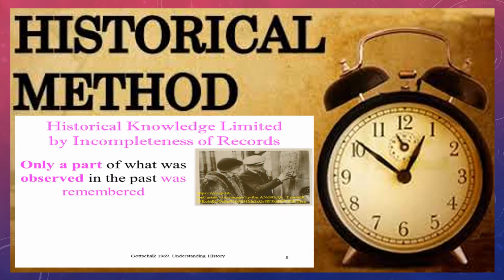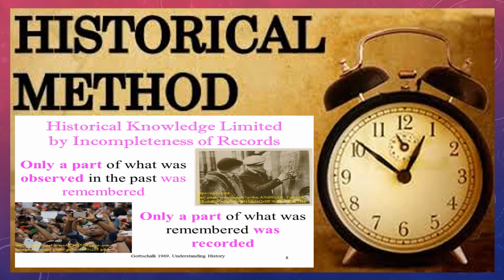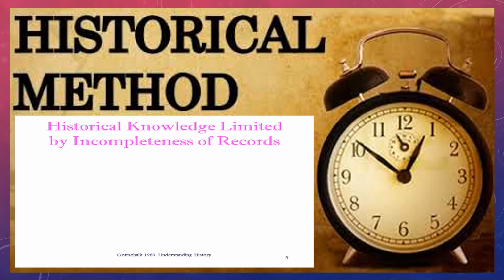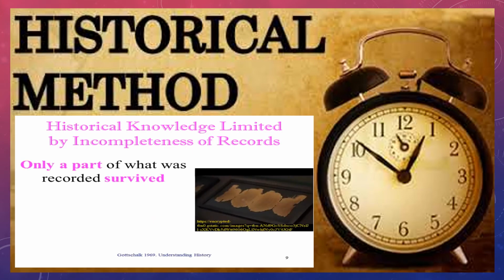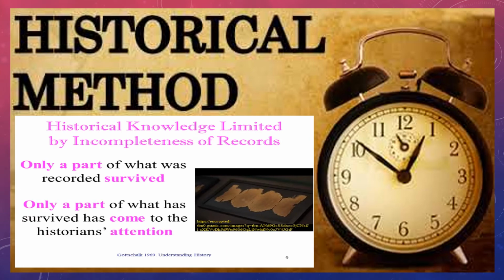Only a part of what was observed in the past was remembered by those who observed it, and only a part of what was remembered was recorded. Only a part of what was recorded has survived. Only a part of what has survived has come to the historian's attention.